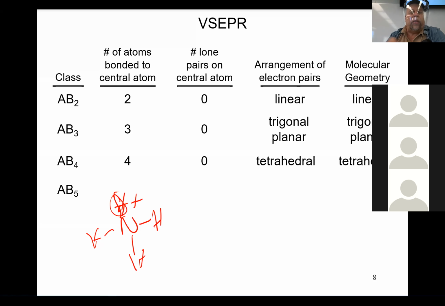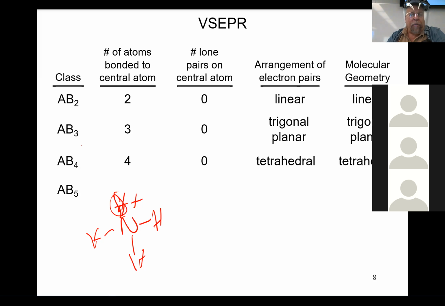So what structure does that become? Ammonium. Yeah, it's an ion, but what structure does it become? Instead of being AB4, it's now tetrahedral. You add a proton to it, which makes the ammonium ion, and it'll be tetrahedral.